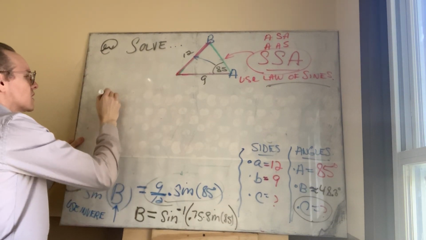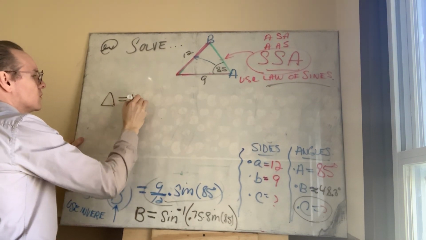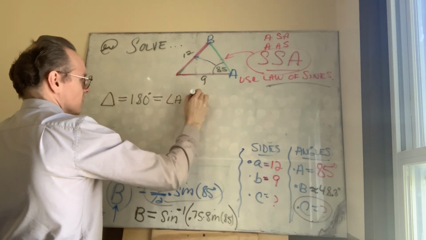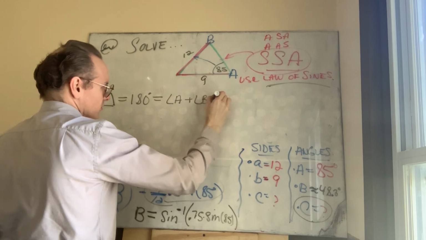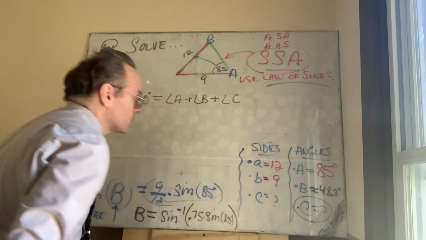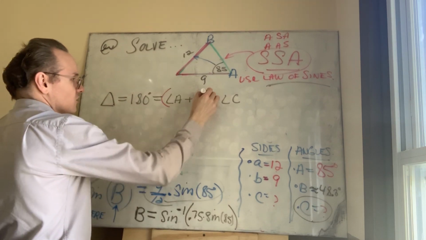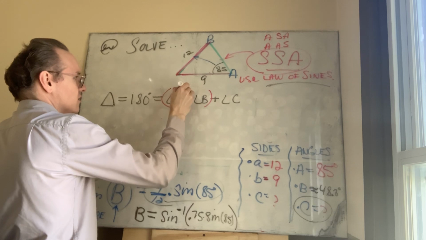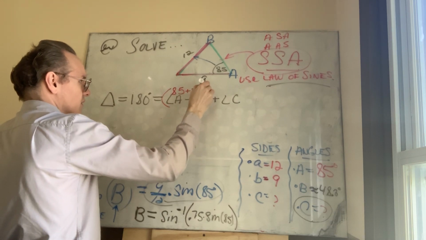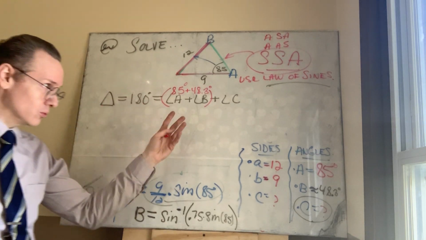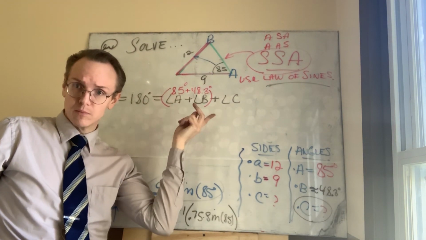A triangle is equal to 180 degrees, the sum of angle A plus B plus C, and we know the majority of information here, so the sum of these two things is really 85 plus now 48.3. Unfortunately, I have no choice. If I go this route, I have to use the rounded number now.